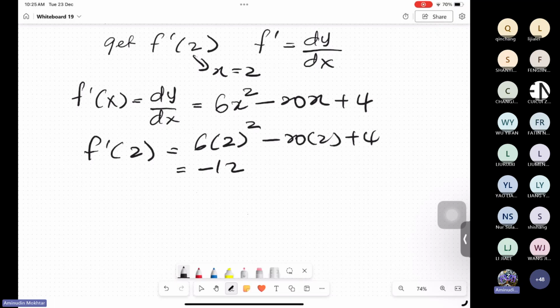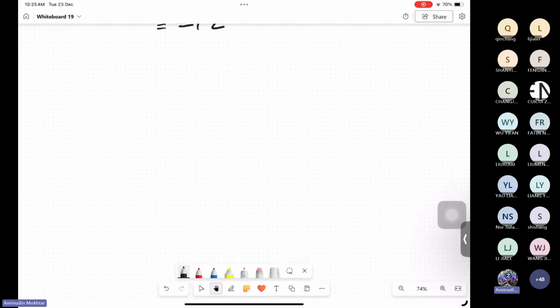Okay, that's one question. The next question on the same page, please refer to page 9. Let's say I have this question.